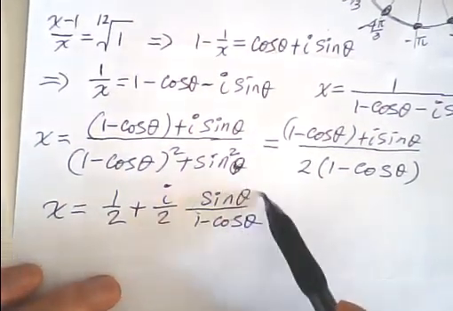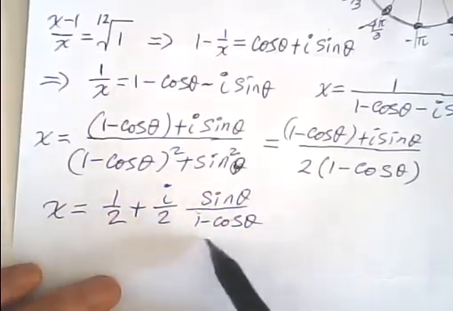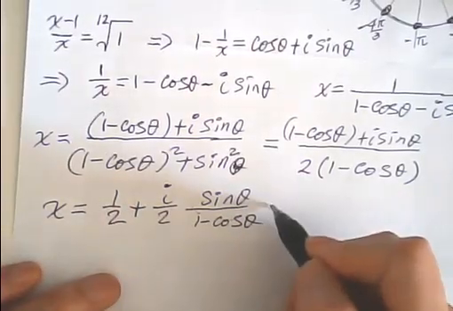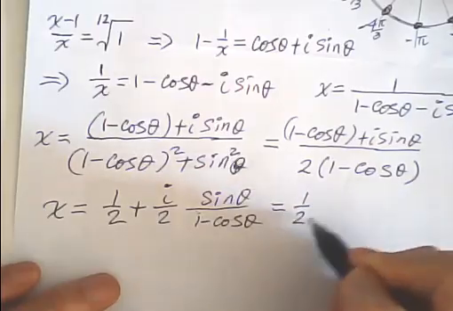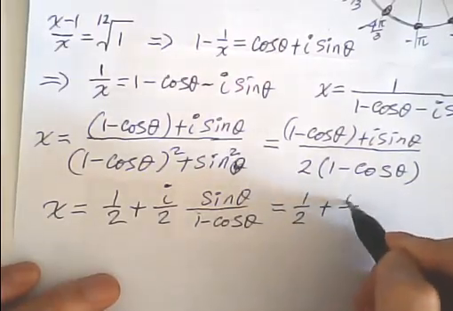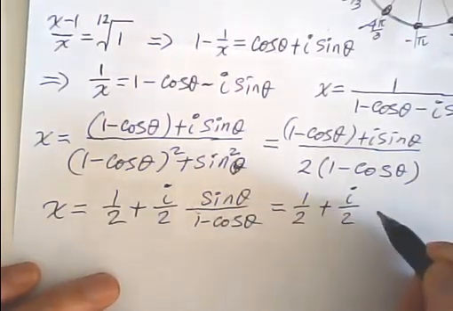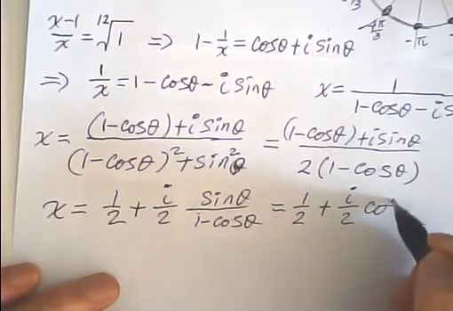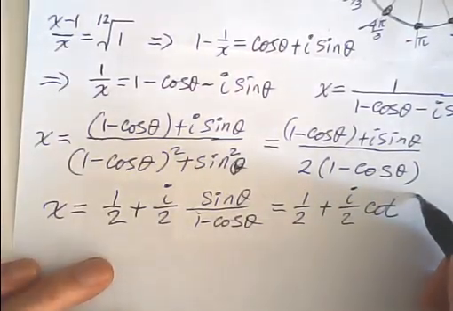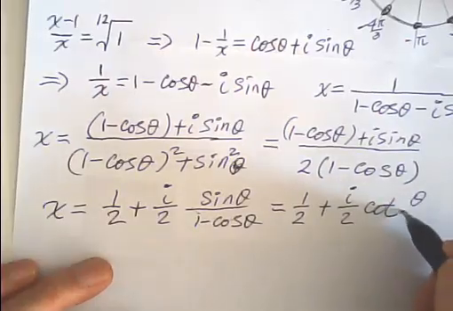Well, this is the cotangent of half theta. So this will equal 1/2 plus i over 2 times cotangent of half theta.